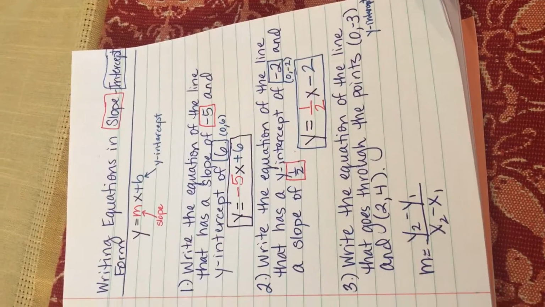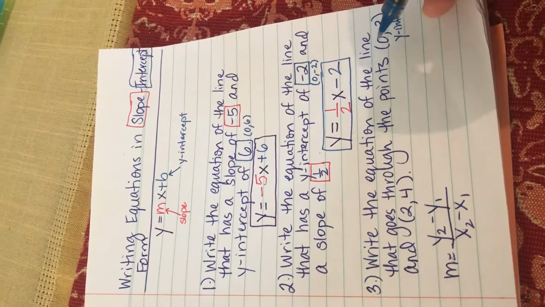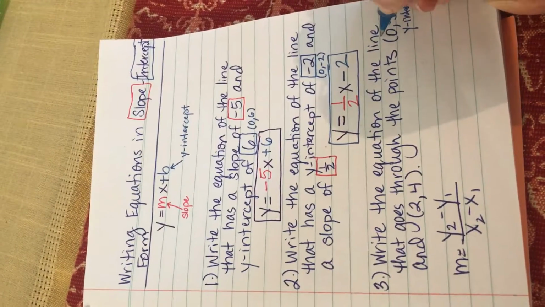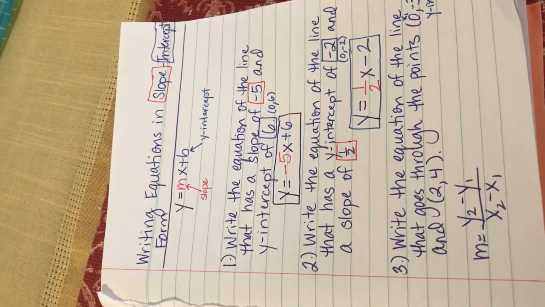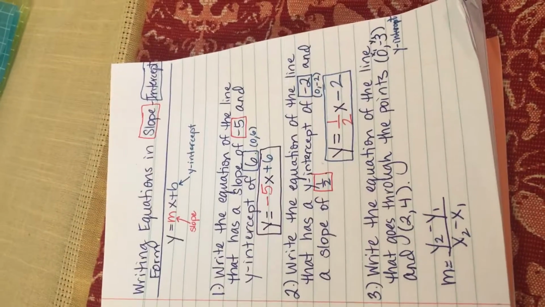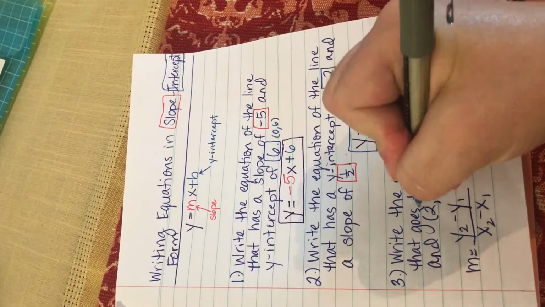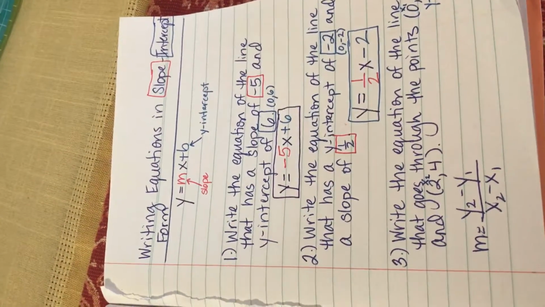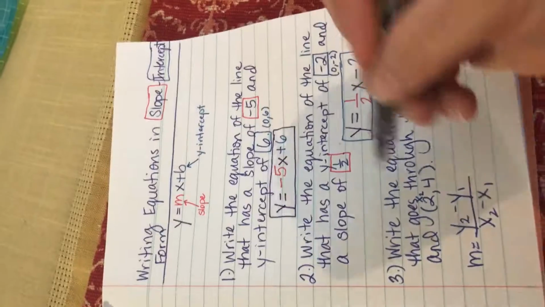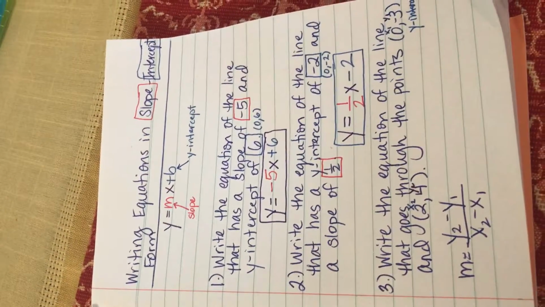And if we're given 2 points, the first x value is the x1. So this is my x1. And then y1 is the first y value. And then this one is my x2, because it's the x of the second point, and y2.